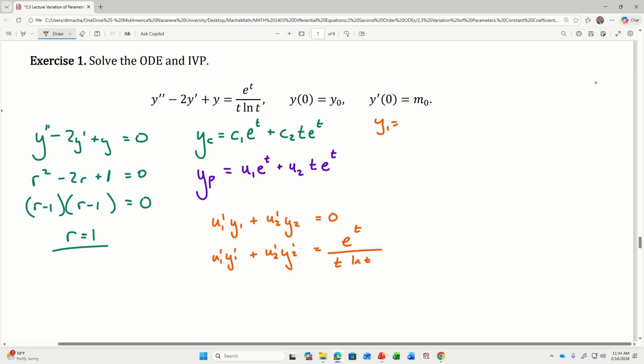Of course, y1 is e to the t, y1 prime is e to the t, y2 is t e to the t, and y2 prime is going to be a derivative product rule.